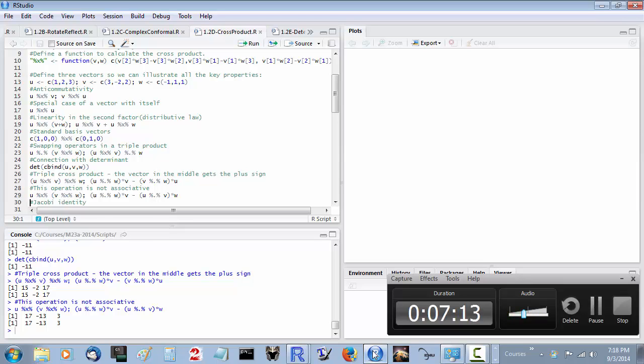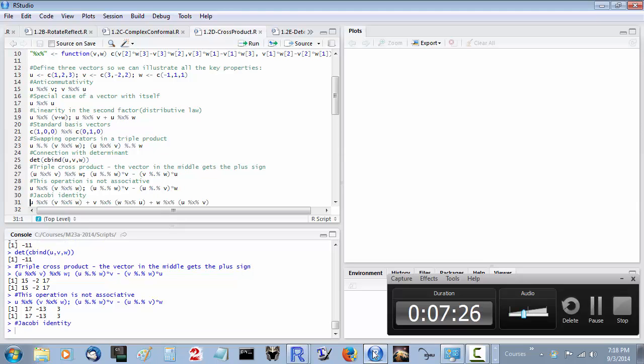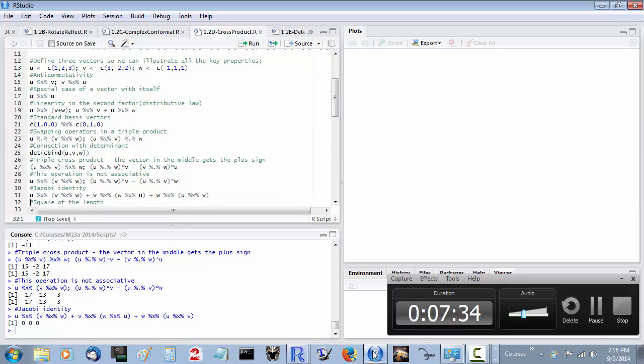It turns out there is a more complicated version of associativity that takes over in this case. It's known as the Jacobi identity, and I believe the proof is one of the homework problems. What the Jacobi identity says is that if you do this in the three possible ways and add them all together, you get 0.